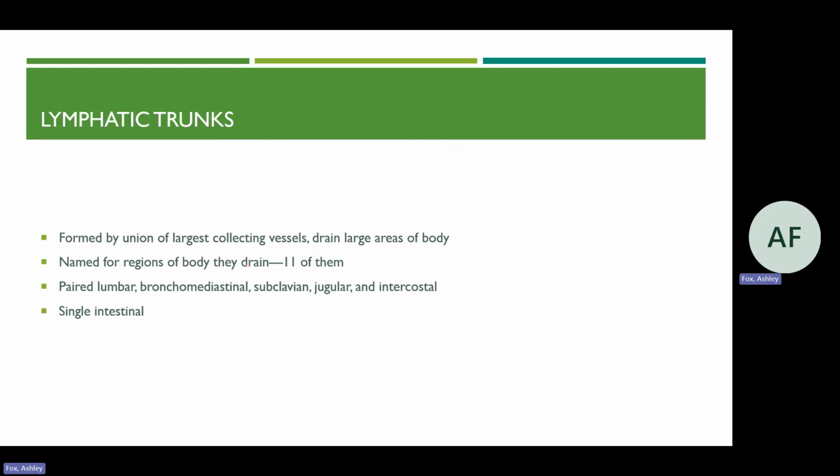I don't want you to memorize all of them, but they are named for where they're draining. There's actually 11 of them. So there's two lumbar, two bronchomediastinal, so chest, subclavian up under your clavicle, jugular in your neck, intercostal around your intercostal muscles, and there's one, meaning why it's 11, one intestinal.